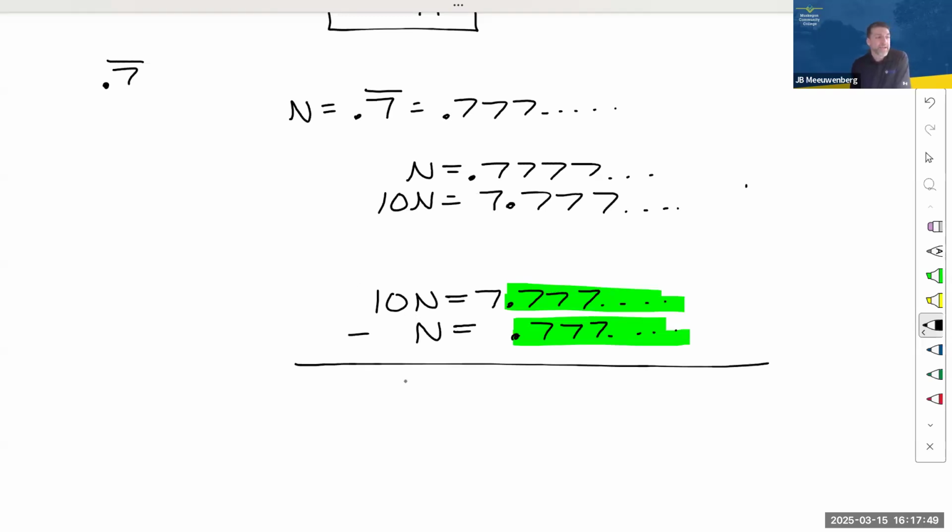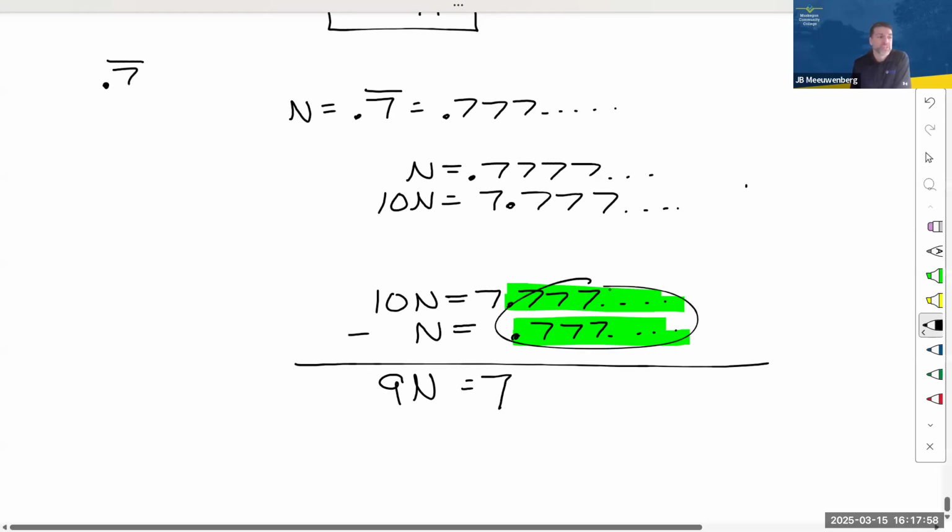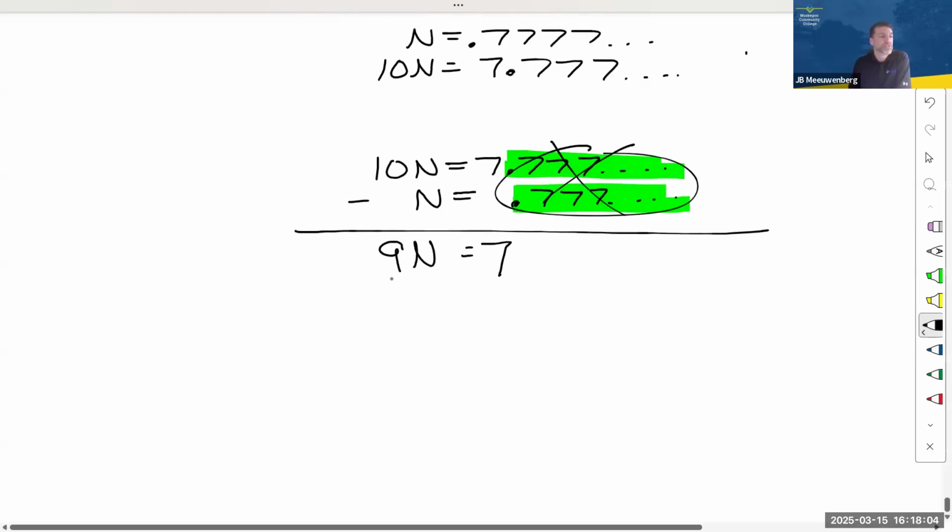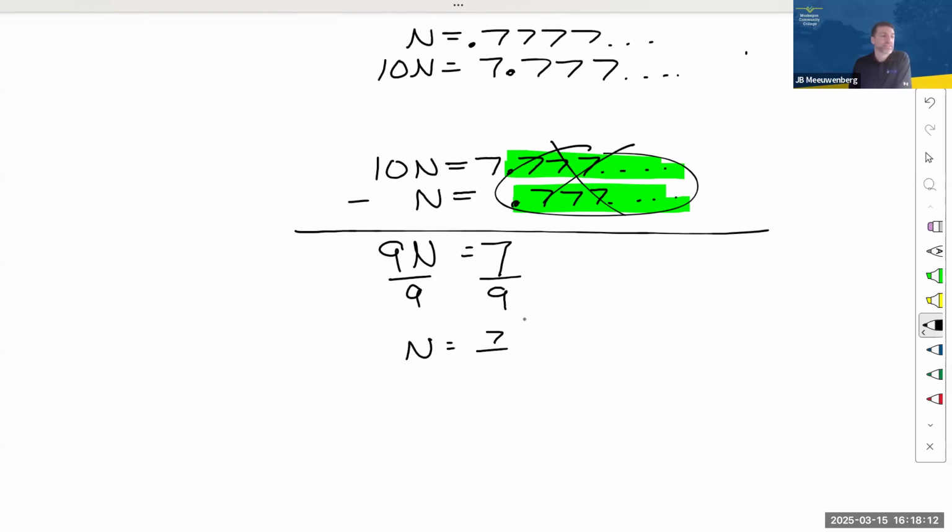If we subtract these, 10n minus n is 9n. 7.7 repeating minus 0.7 repeating is just the 7. All this stuff gets subtracted and cancels out. Divide both sides of our little equation by 9, whatever number's in front of that n, and we find out that n is equal to 7/9.